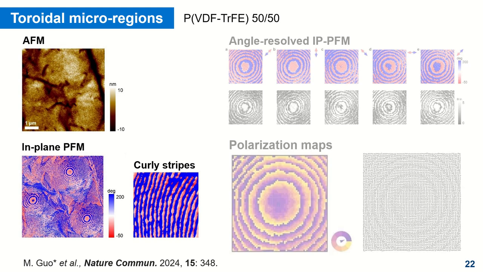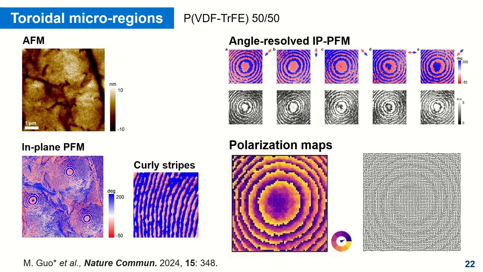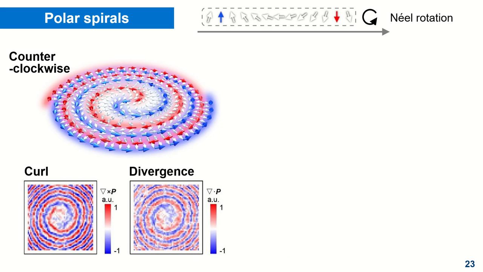According to angle-resolved PFM images, we got a polarization map of the microregion. When expressed by color, it is concentric, but in arrows, something else can be observed. So we obtained the curl and divergence of the microregion, which both exhibit spiral features. The truth about this microregion is that it has a polar skeleton, which spirally flows in and then out, represented by the red and blue arrows here.